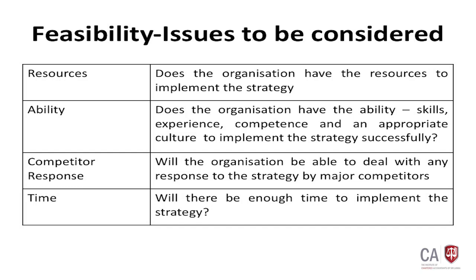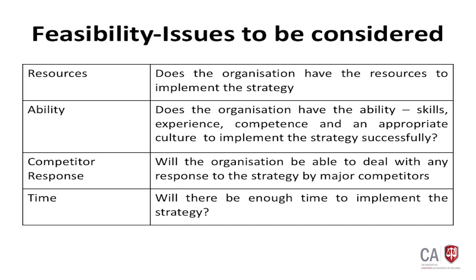So, we can look at a few aspects under feasibility also. What are the aspects we can look at? We can look at resources, then ability, then competitive response and the time. So, we can look at 4 aspects actually.